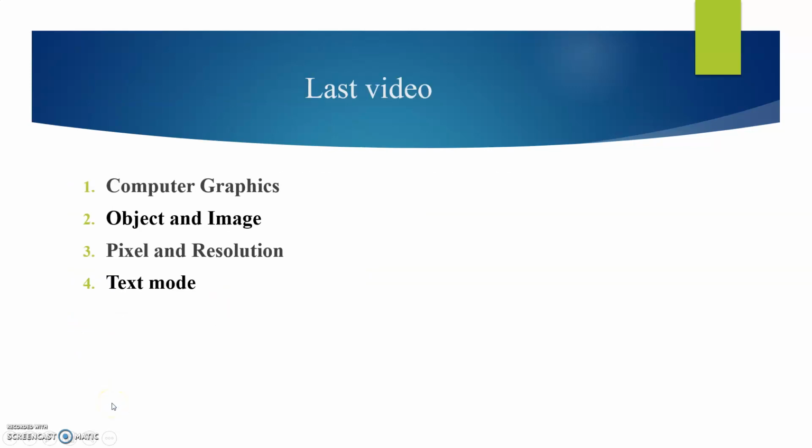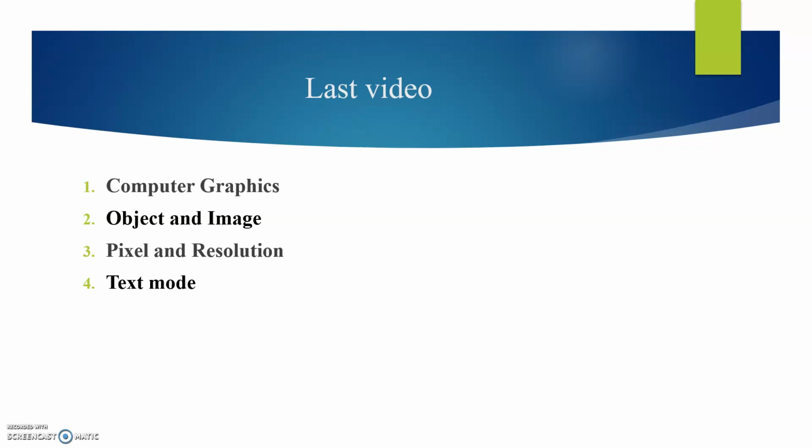In the last video, we studied the Introduction to Computer Graphics. Computer graphics means images and graphs that are drawn with the help of a computer. Second, we studied object and image. An image is basically a representation of a real world object on a computer.